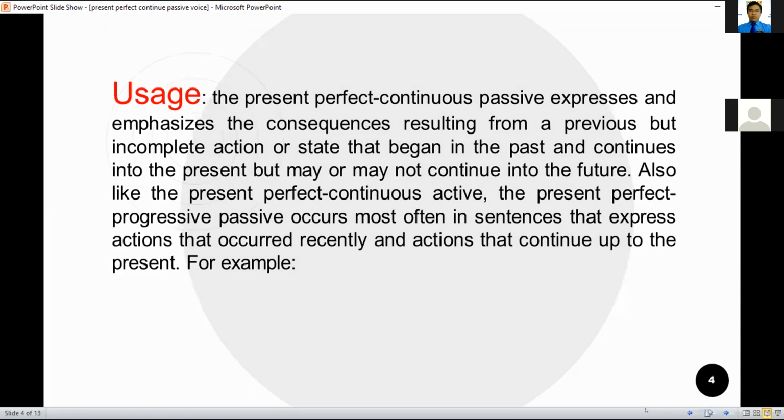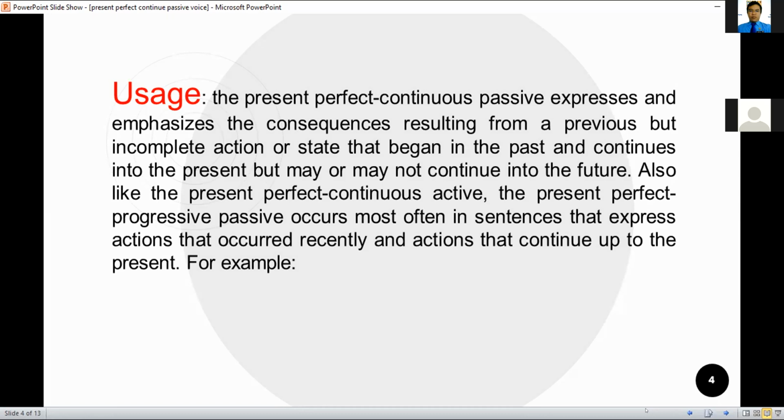And this is the usage of the present perfect continuous passive. The present perfect continuous passive expresses and emphasizes the consequences resulting from a previous but incomplete action or state that began in the past and continues into the present, but may or may not continue into the future.